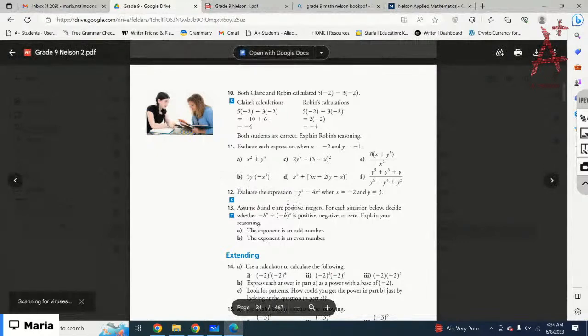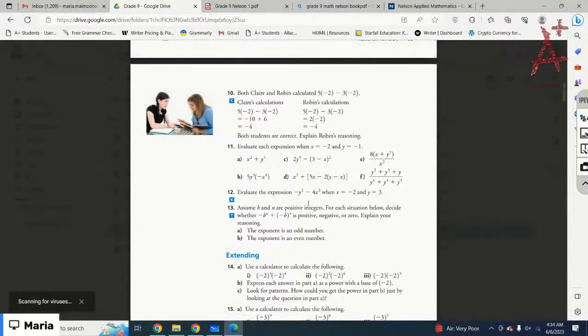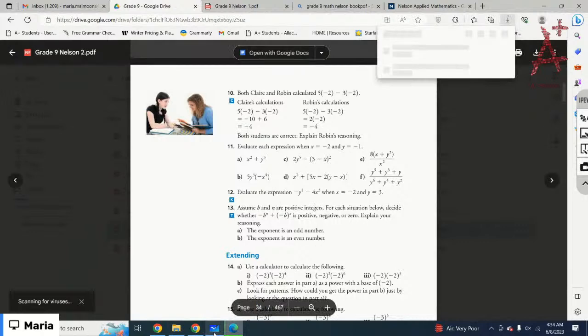Let's evaluate the expression negative y square minus 4x cube.